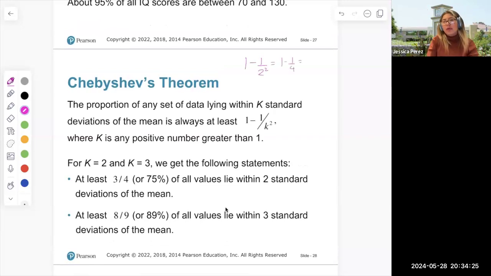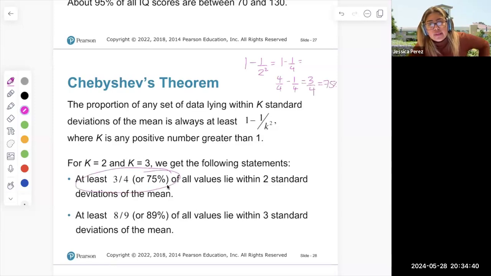But what's 1 minus 1/4? Do we know how to do fractions in this class? 1 is the same as 4 over 4, minus 1 over 4. That's 3/4. As a percent, that's 75%. So that's how we got this value. At least 75% of all these values lie within 2 standard deviations away from the mean.